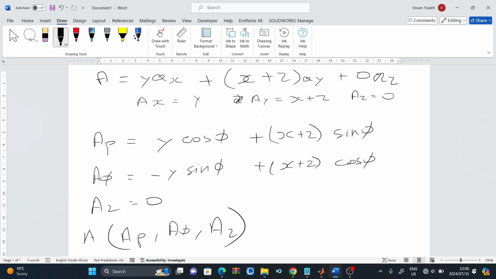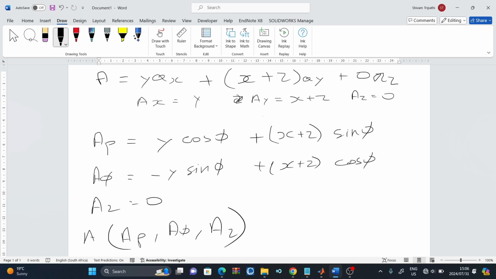That's for you to do. If you want to find other values for A, you can do that. You will do the spherical coordinates in the same way.